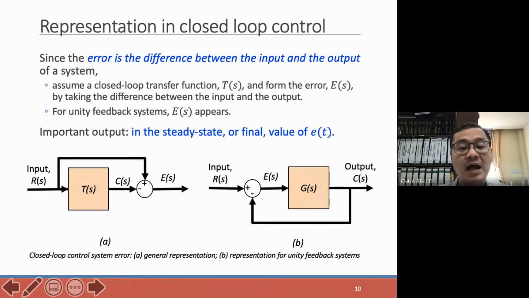So this is how we can rearrange our block diagram, but it is still a closed loop control system, where our main purpose is to see the steady state or final value of our error, whether the error will increase or decrease and so on.